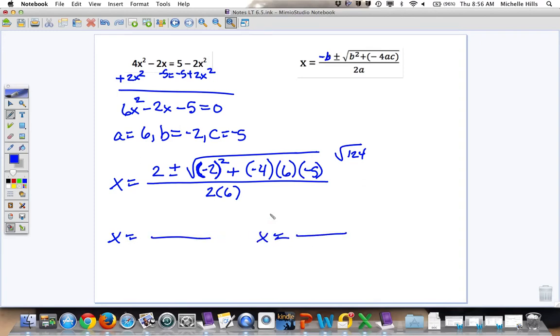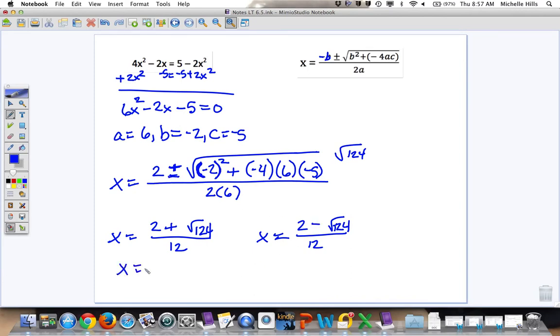Again, each of them is going to be over 12, because 2 times 6 is 12. Each of them is going to start with 2. Each of them is going to have the square root of 124. But one is going to use this plus between the 2 and the square root, and one is going to use the minus.